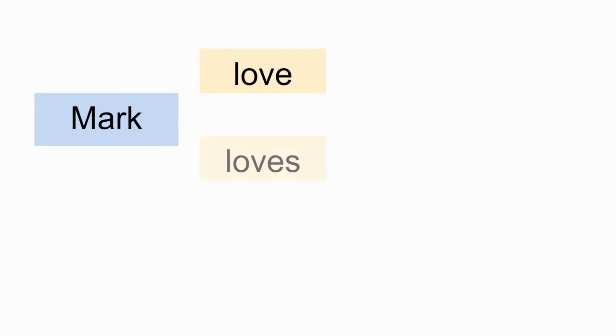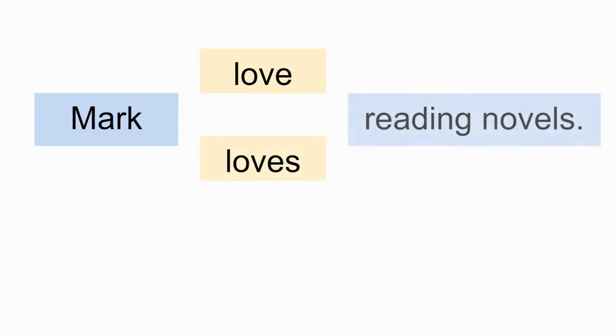Let's take a look at this example. Mark. Mark is our subject. Is Mark singular or plural? Great. Mark is a singular noun. A singular noun requires a singular verb. In that case, what verb will we use? Is it love or loves?